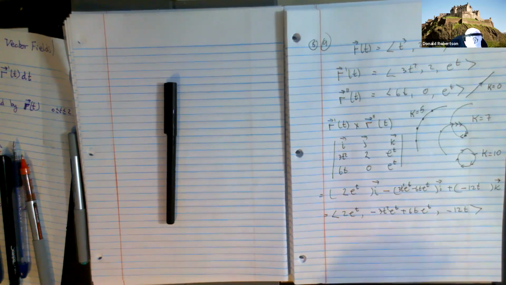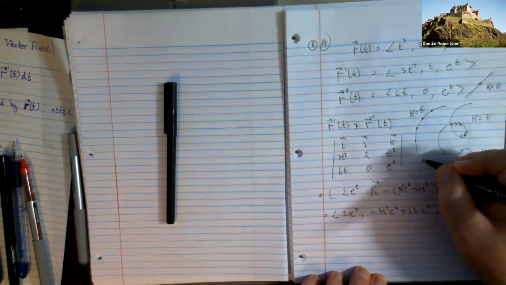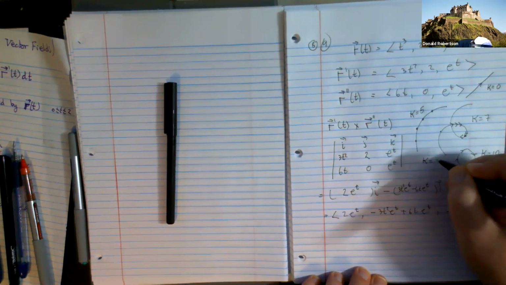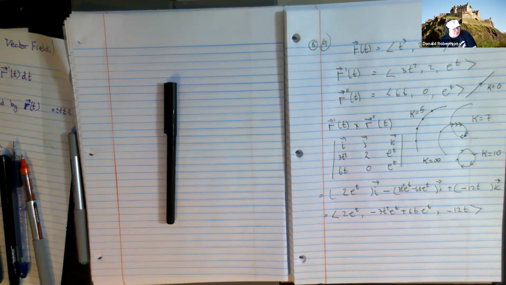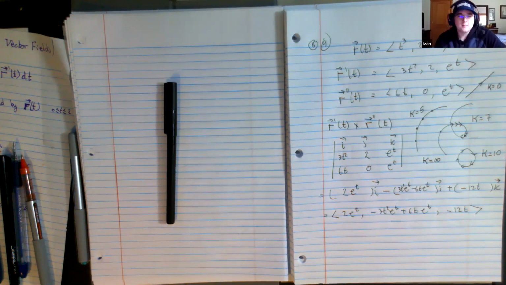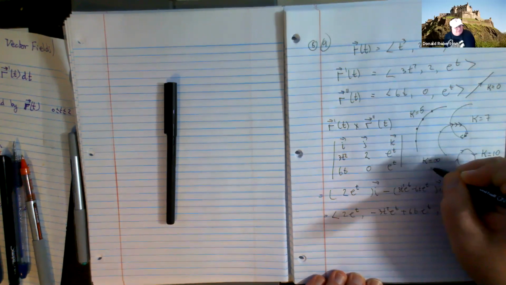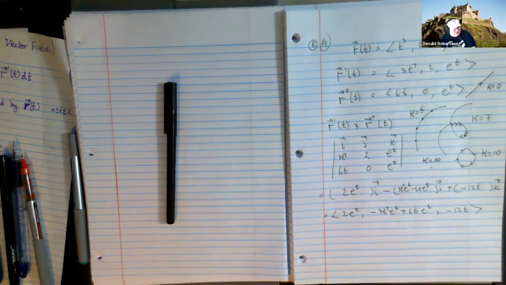Now, the other one, well done if you can guess this. What thing would have a curvature of infinity? Is it a point? Well done. Yes. A single point in 3D space has infinite curvature.